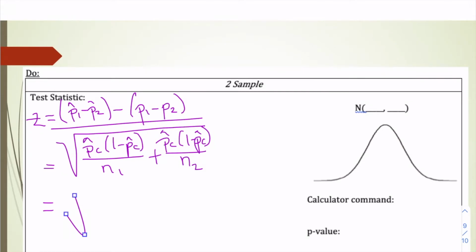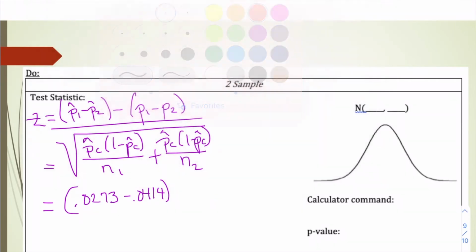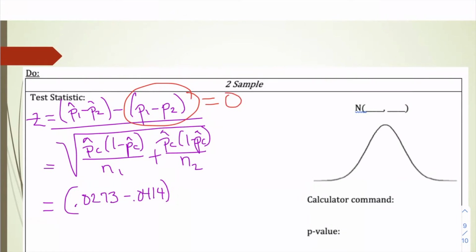So that is going to equal 0.0273 minus 0.0414, and this value right here is all going to equal 0 because my H sub 0 is what I'm assuming to be true.